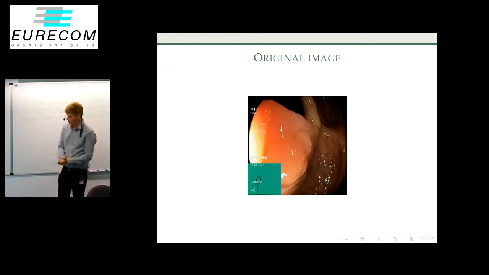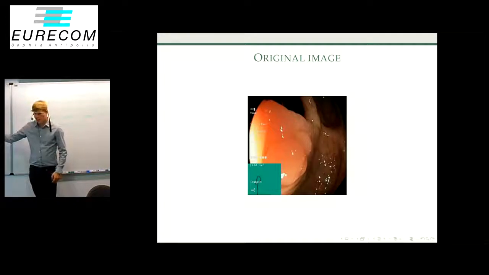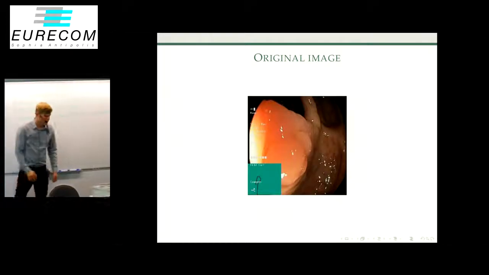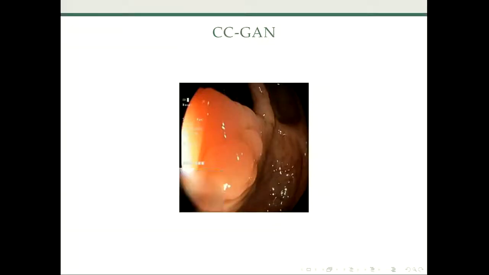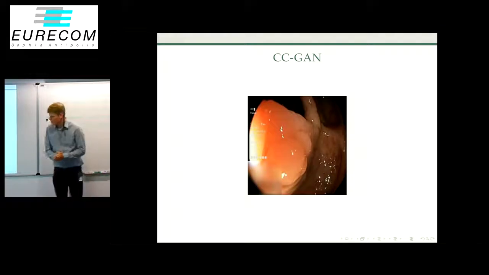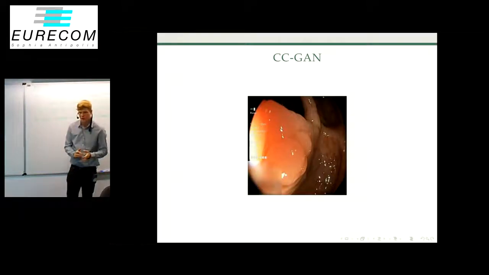So our first case was the original image. This is an image that the first network would get, with a green square. The next was with a CCGAN. This is the result after we pre-processed the images.